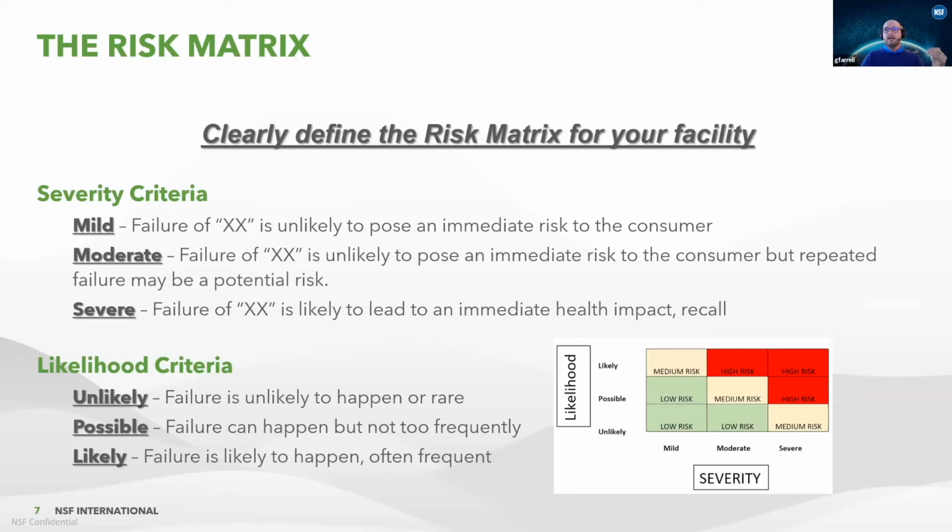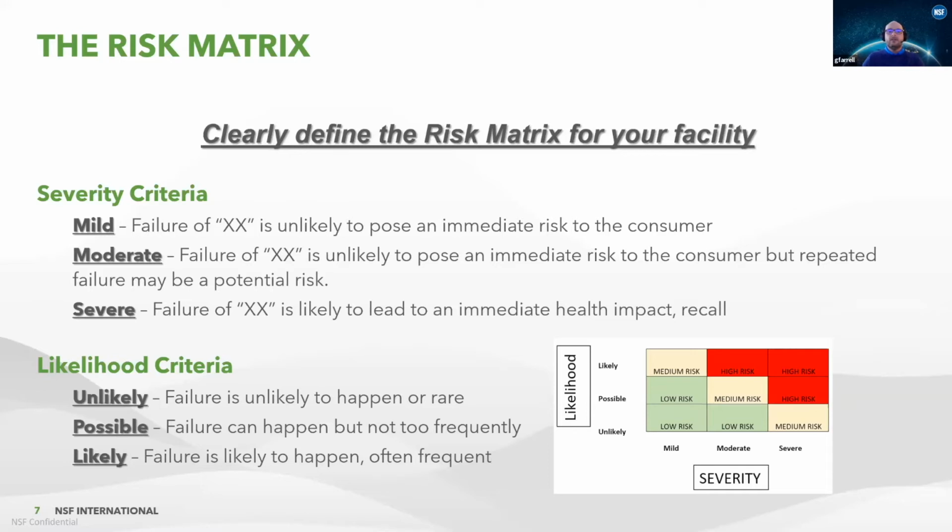For severity, I've created mild, moderate, and severe. Mild is equated to failure of XX that is unlikely to pose an immediate risk to the customer. That double X is essentially what our scope is looking at, what hazards or risks we're looking at within the scope of our risk assessment.